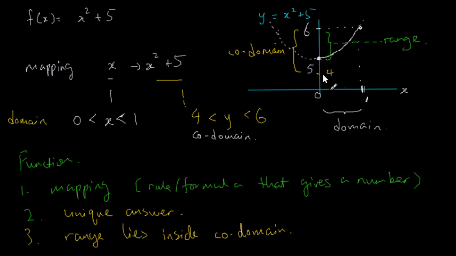We have seen that by sketching a graph of this function for this domain between x 0 and 1 and this codomain where we allow the answer to be between 4 and 6, we get a graph that looks like this, with a range that covers part of the codomain.